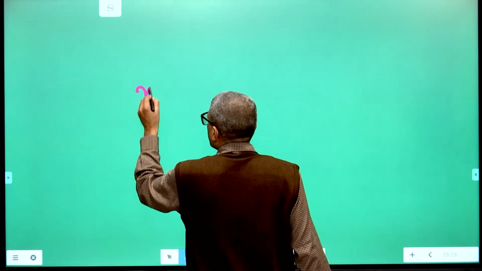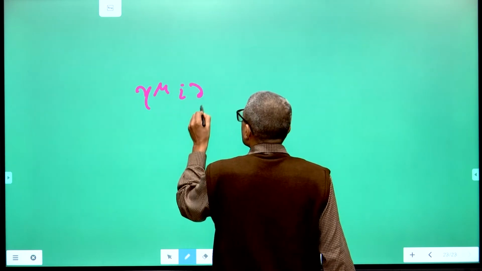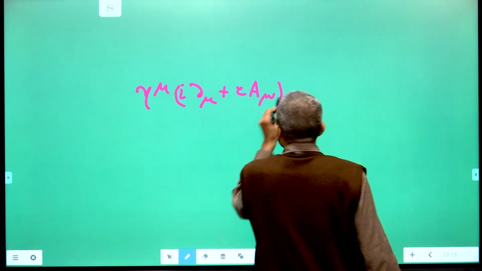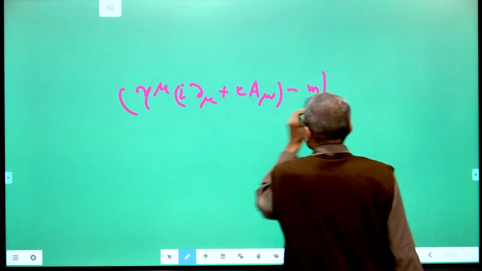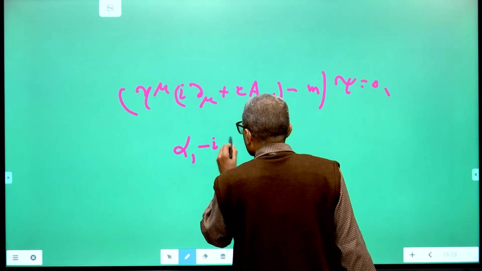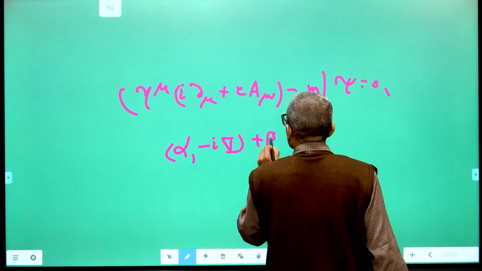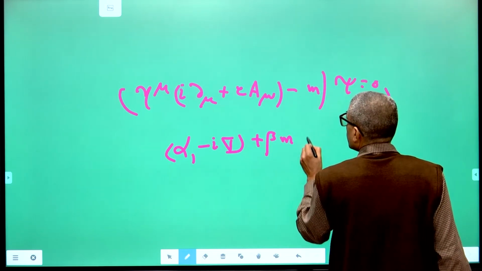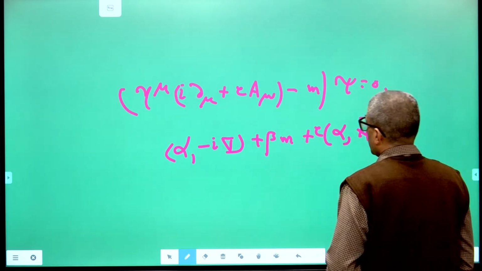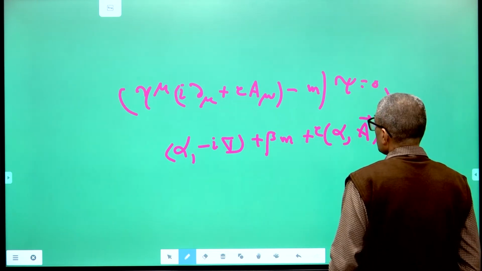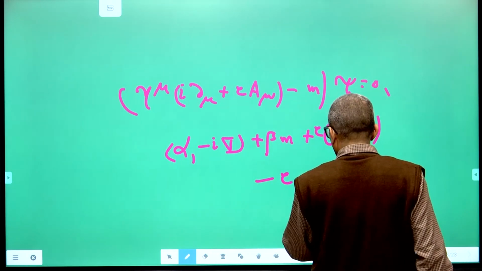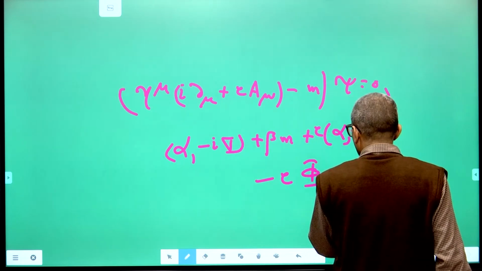So, likewise the Dirac field is given by solving dou mu plus E A mu minus m acting on psi is 0. The same as saying, as we saw last time, alpha dot minus I del plus beta m plus alpha dot E A plus E A0, E into the scalar potential, minus m.